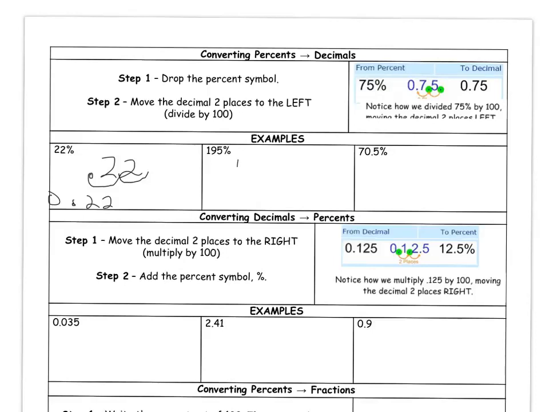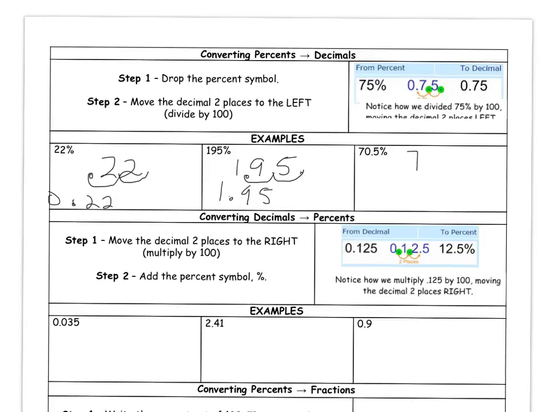195%. Again, I'm going to drop my percent sign, and this is where my decimal ends, right here after the 5. Two places to the left, and my decimal is 1 and 95 hundredths. This next one right here is pretty tricky.